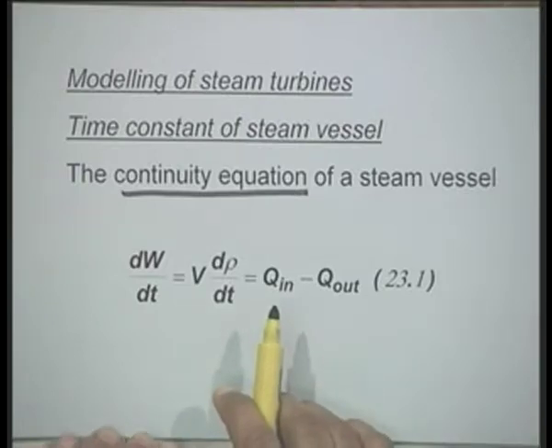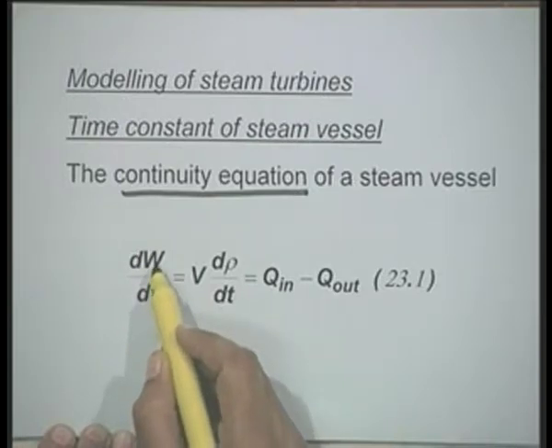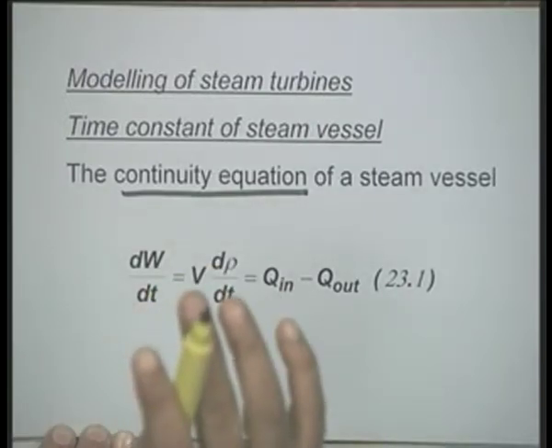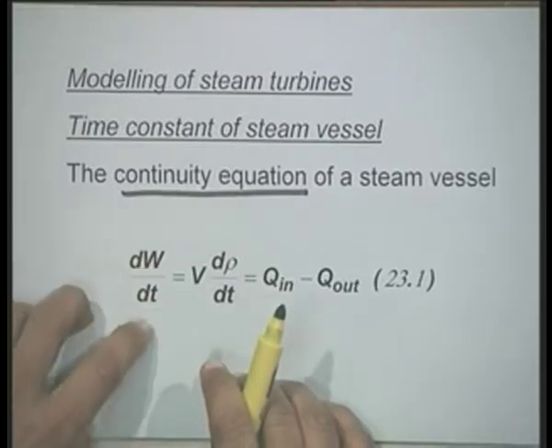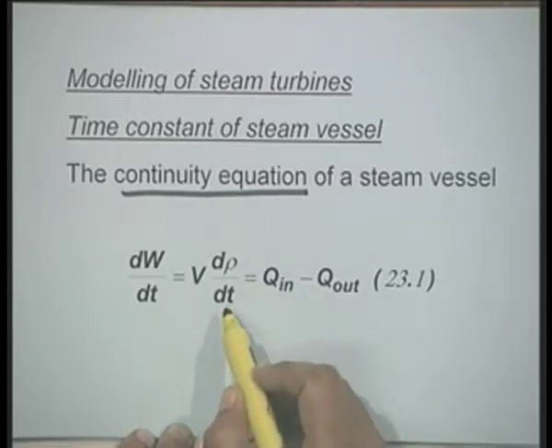The continuity equation is written in the form d by dt of W, where W is the total weight of the steam which is inside the vessel. This rate of change, dW by dt, is equal to V times d rho by dt.